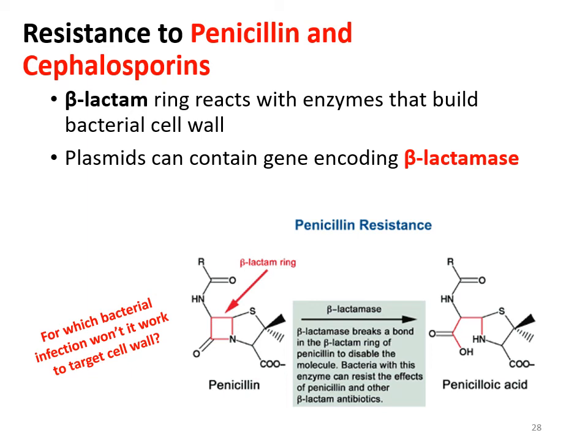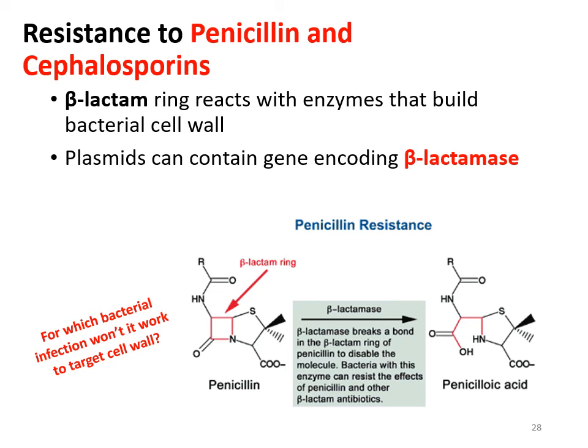Now keep in mind, which bacterial infection won't penicillin work for, and won't this resistance matter for? Well, remember we said mycoplasma, okay? Mycoplasma or walking pneumonia, none of this slide matters for, okay? And keep in mind that I always say which bacterial infection won't it work for to target the cell wall. So never say, oh yeah, penicillin won't work for a cold.